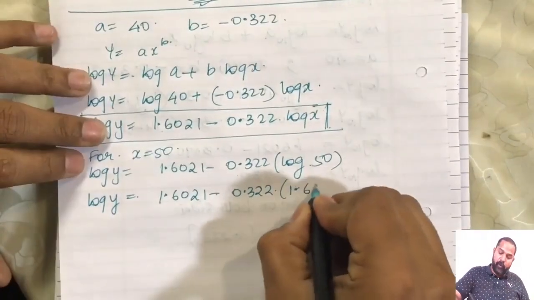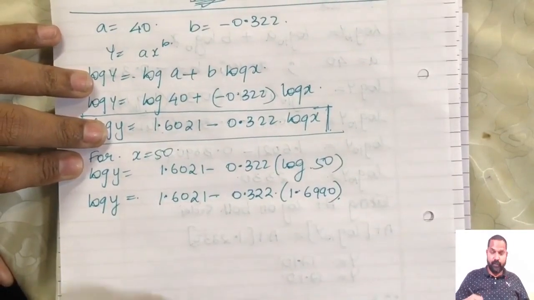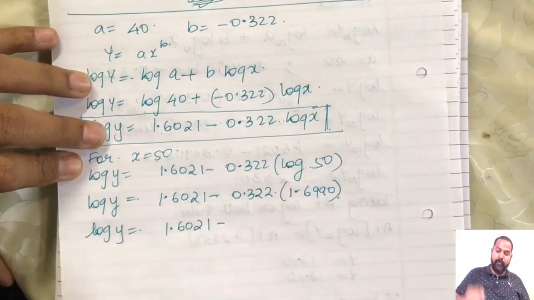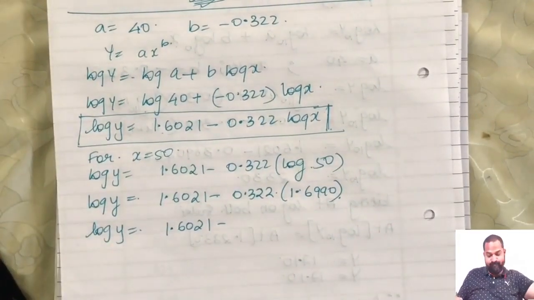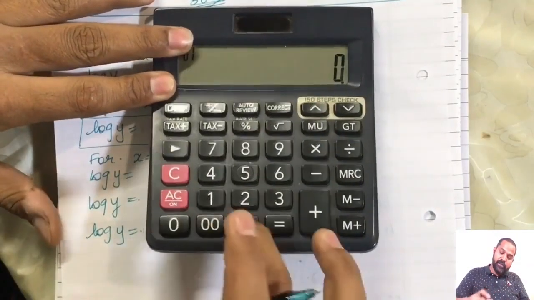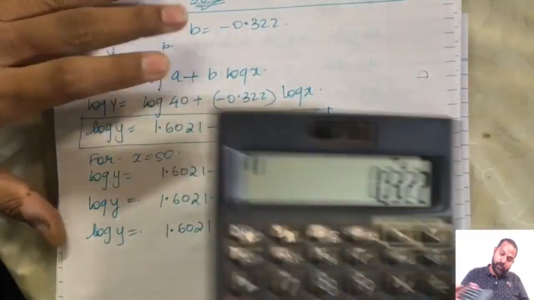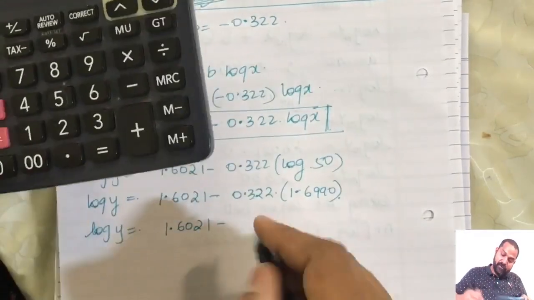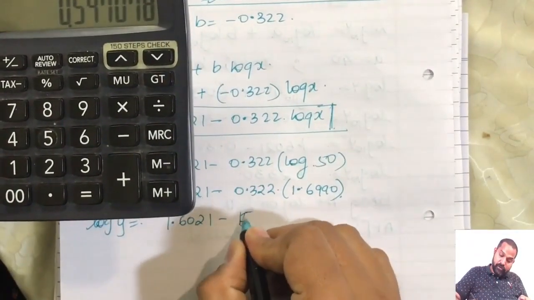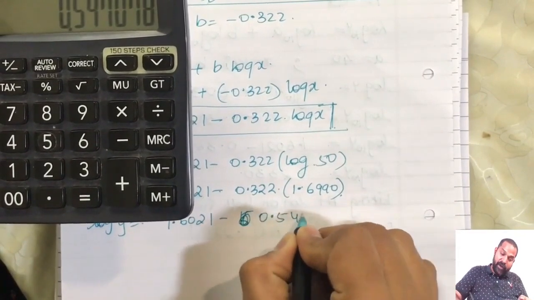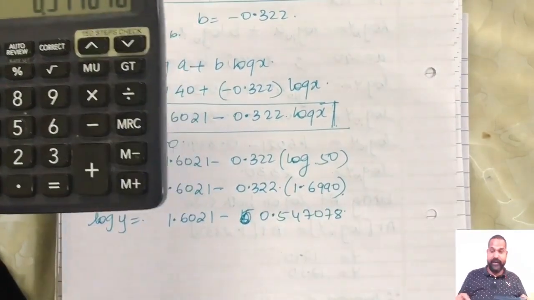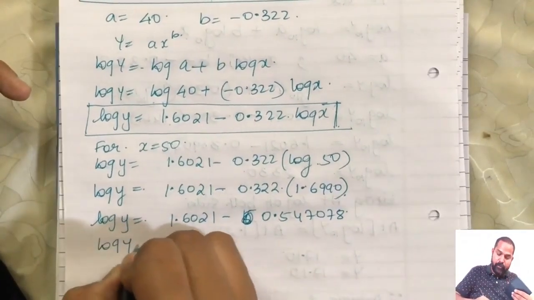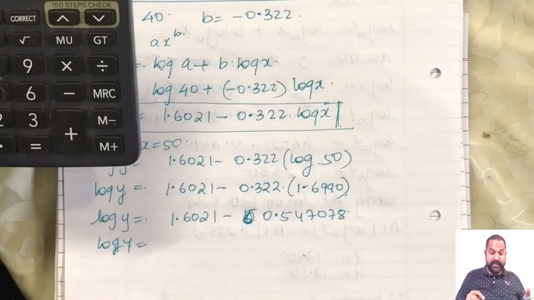So this will become 1.6990, and log of y is 1.6021 minus 0.322 into 1.6990, which is 0.547078. Correct? Subtracted from the 1.6021.